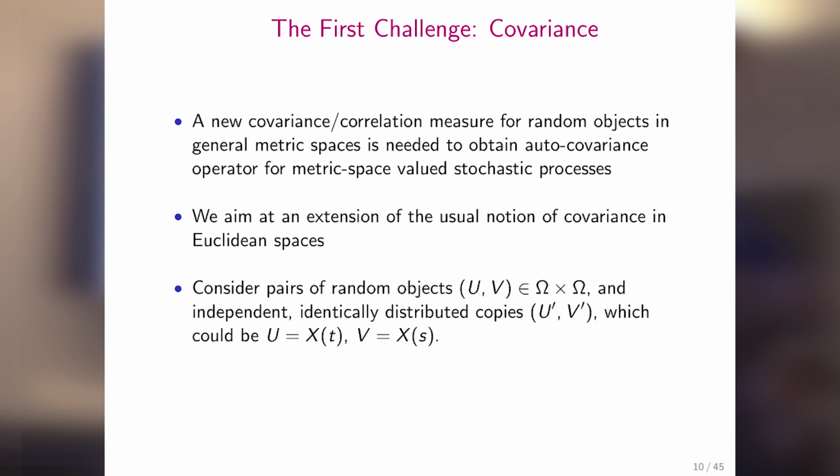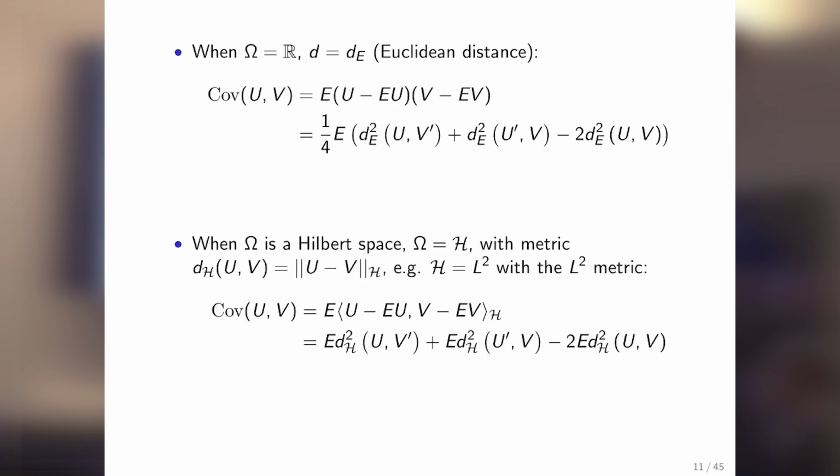So how do we proceed? We consider pairs of random objects U, V and independent identically distributed copies U prime, V prime. Later on we will set U is X of t and V is X of s. Now let's start with the Euclidean case. In the Euclidean case, everybody knows the covariance between two random variables is given here, the formula is here.